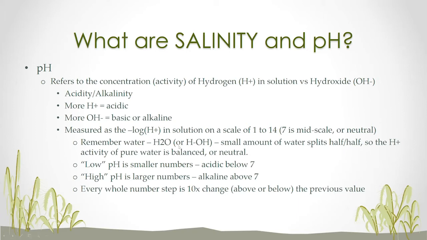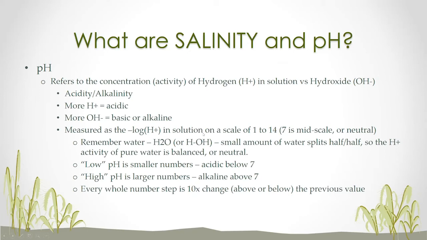Remember that water is H2O, or 1 hydrogen and 1 hydroxide unit in that molecule, 2 hydrogens and an oxygen. So a small amount of water splits, and so then you get half in hydrogen and half in hydroxide. You get a balance between the two. And it turns out that the activity of hydrogen in that case has a log of about 7. And so that's why we say that 7 is neutral. That's a pure water condition. Below 7, the system is acidic. Above 7, the system is alkaline or basic.